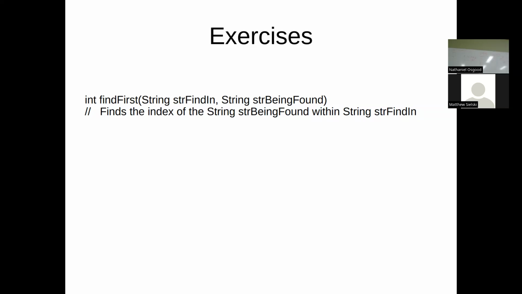If I didn't say it returns the index of the string being found within this string, it might be ambiguous: are we finding it in the sense of where it is, or that it is?